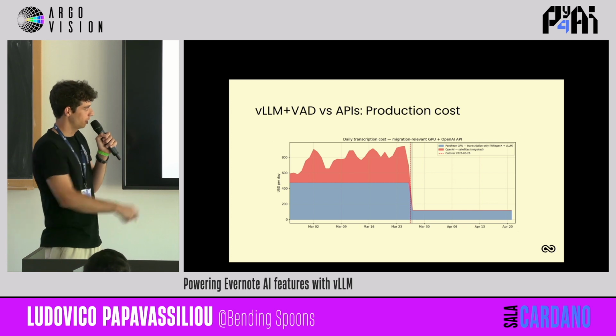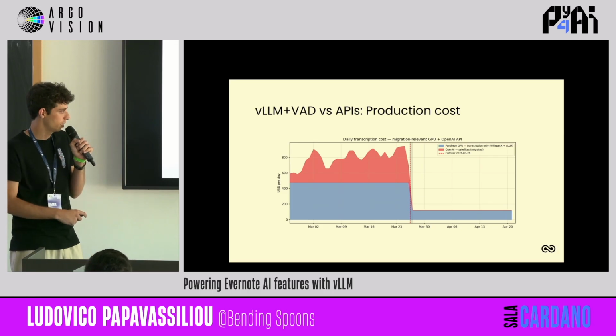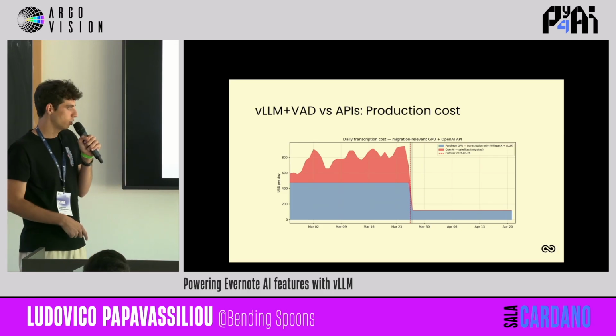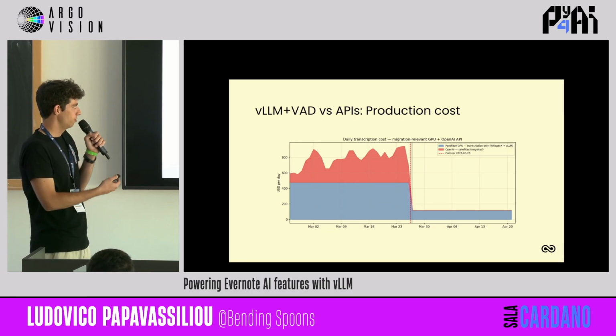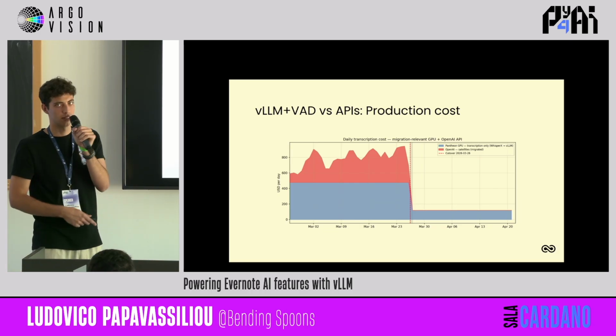So in red, there's the OpenAI part of the traffic with the related cost, and in blue you see the infrastructure costs in dollars per day. So this is really relevant on the business, like it's hundreds of thousands of dollars each year.